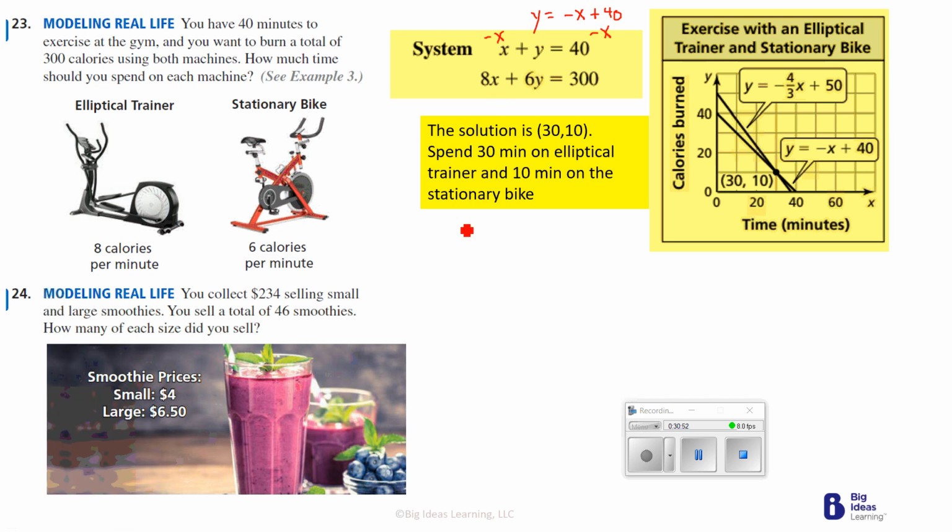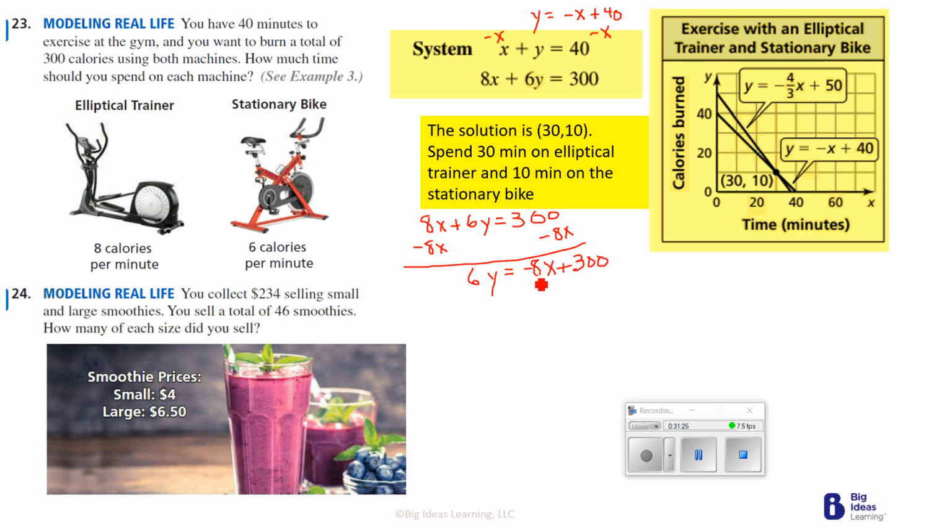So if I was to take 8x plus 6y equals 300, I'm going to have to subtract 8x from both sides. That's going to give me 6y equals negative 8x plus 300. Actually, this is plus 300. I don't know what I was thinking.